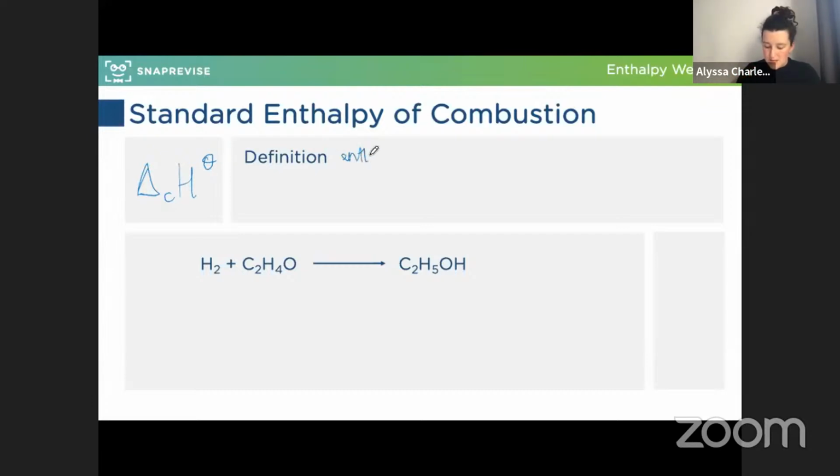So it's the enthalpy change, or you can say heat energy change, when, same as formation, 1 mole of a substance burns completely in oxygen. And burning completely in oxygen is complete combustion.